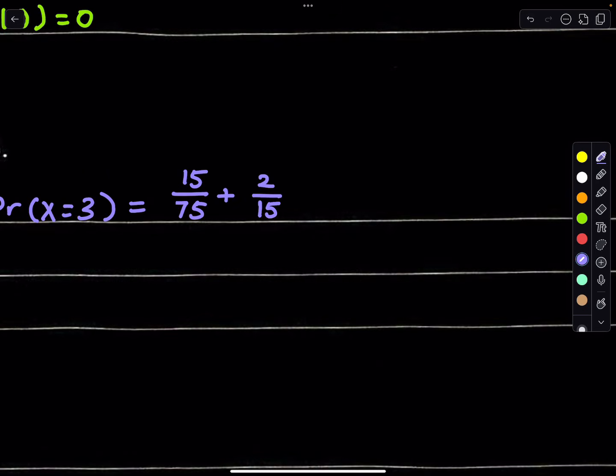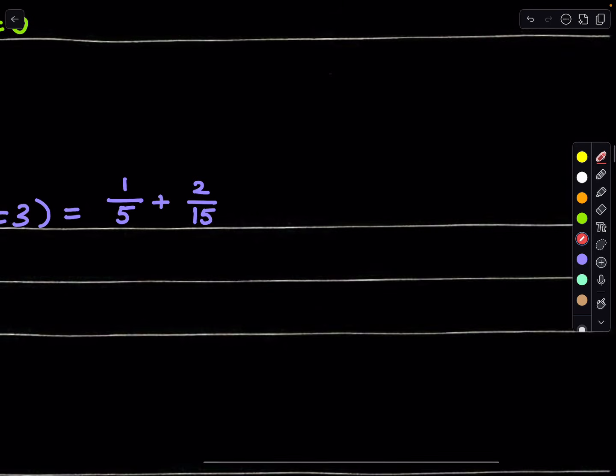How many 15s go into 75? Well, 4 times gives you 60. 5 times. So this goes into it 5 times. So 1 over 5. And in this case, our common denominator is 15. So I'm going to multiply everything here by 15 to simplify it. So what I'm going to do is 15 times 1 over 15.